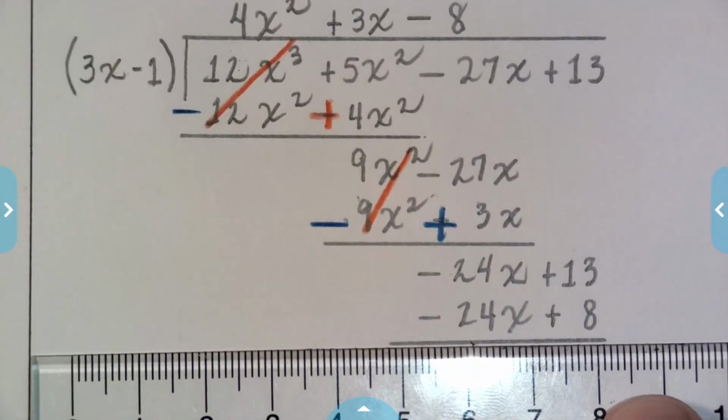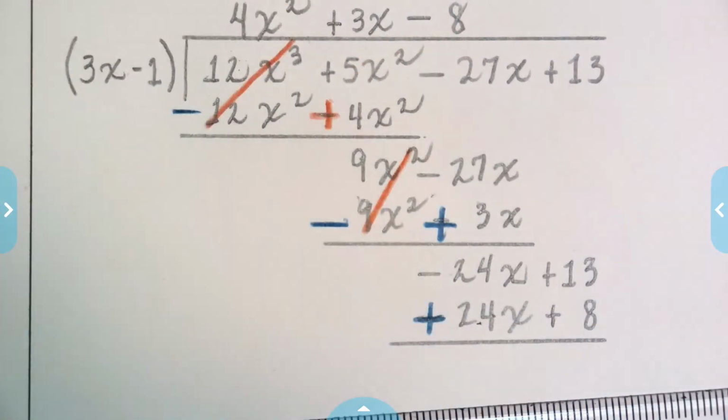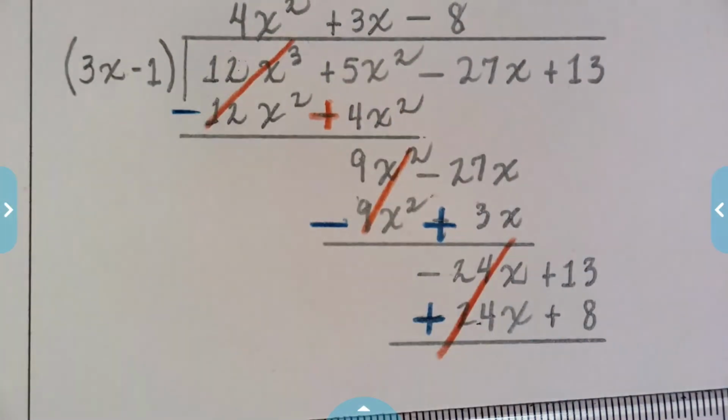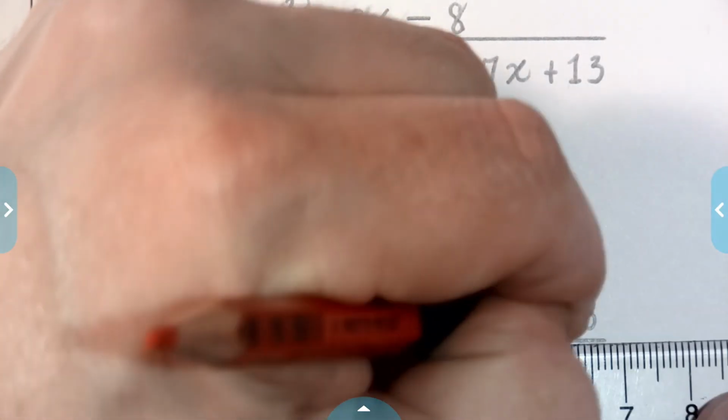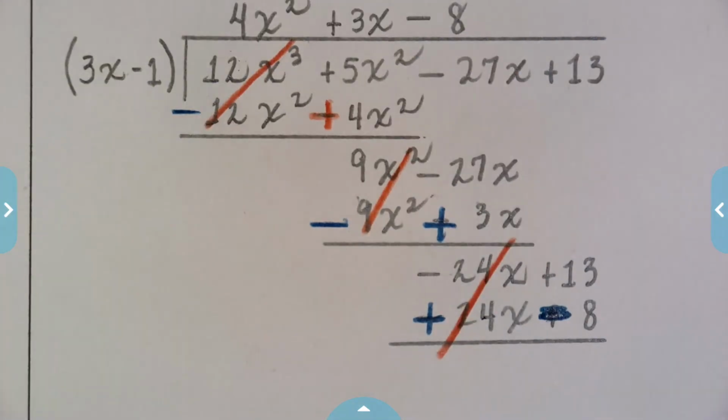So this becomes positive, permitting that cancellation there. But this becomes negative, okay? So it's harder to do when you've got a plus sign. So now it's 13 minus 8. That gives us a remainder of 5, okay? This is the remainder.